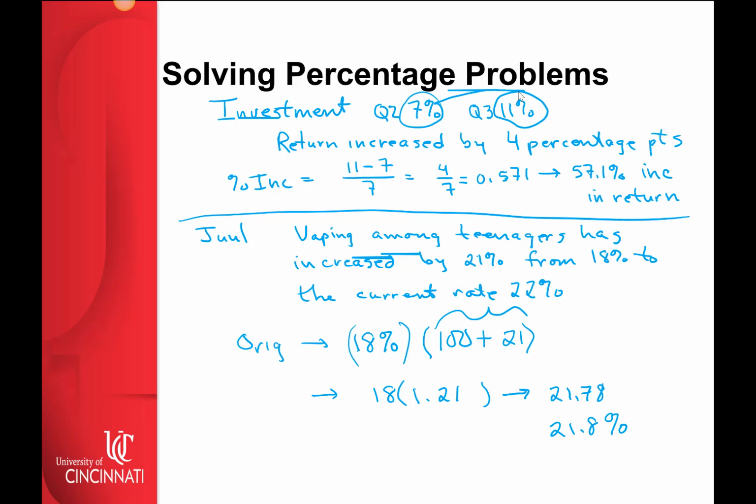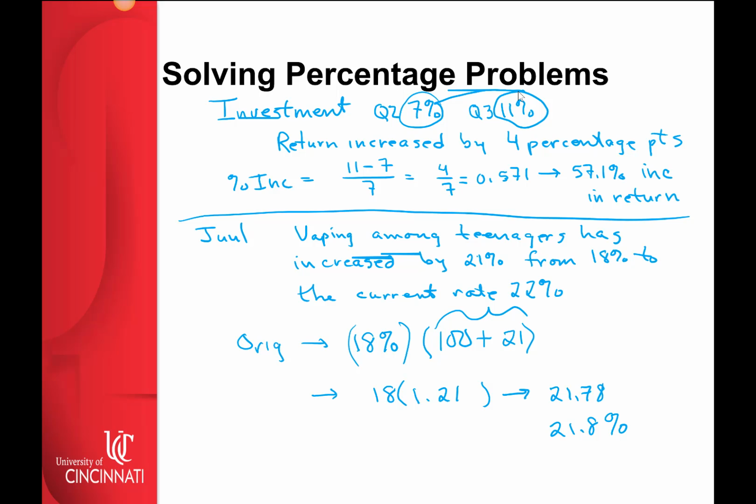Well, how are you going to know the difference? Okay, if you're asked to compute the percentage point change, bingo, you take the one minus the other. If you're asked for a percent change, not percentage point, that's where you do the new minus the original divided by the original.